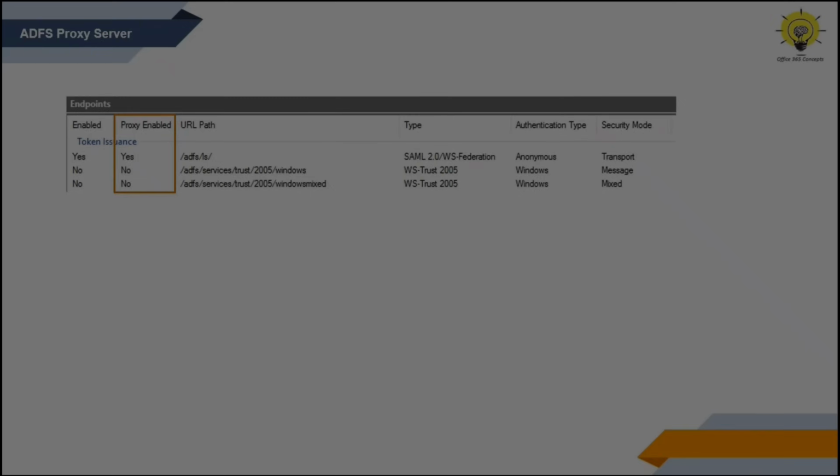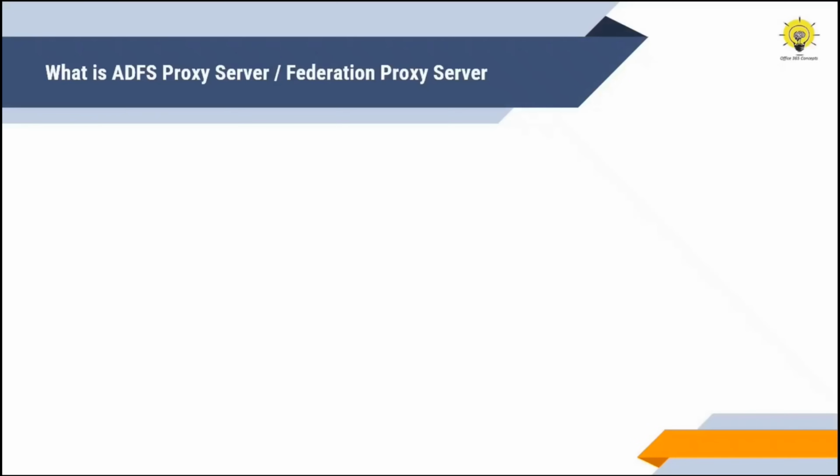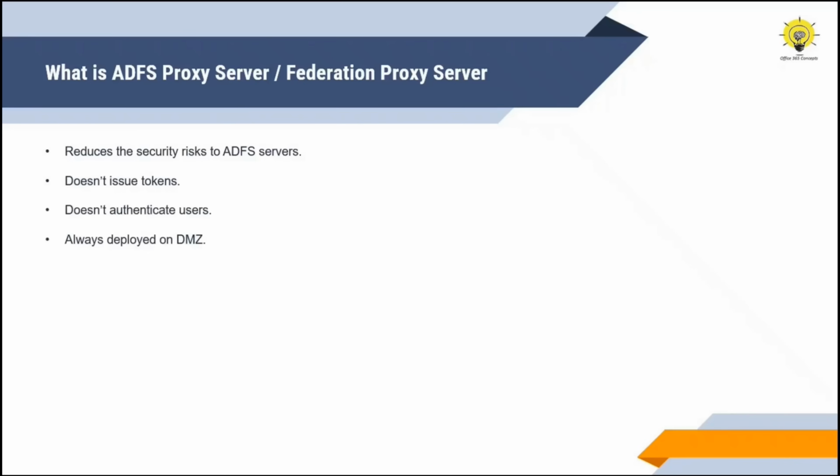A few important points that you should be aware of about ADFS proxy server are: it reduces the security risk to the ADFS server. You do not have to expose your ADFS server to the internet. ADFS proxy server doesn't issue tokens. ADFS proxy server doesn't authenticate the users. ADFS proxy server is always deployed on the perimeter network.